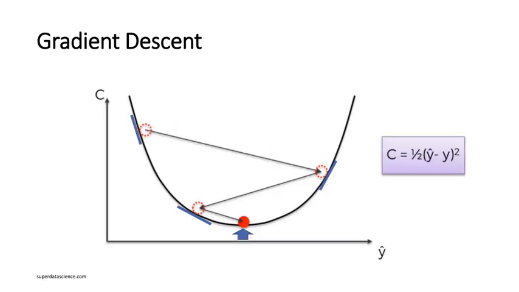So we have the gradient descent approach where we do this. As you can see here, you roll the ball down the hill, and you have basically 3 hits until it reaches the minimum. This is the minimum of the cost function, and this is the perfect fit for the weight.